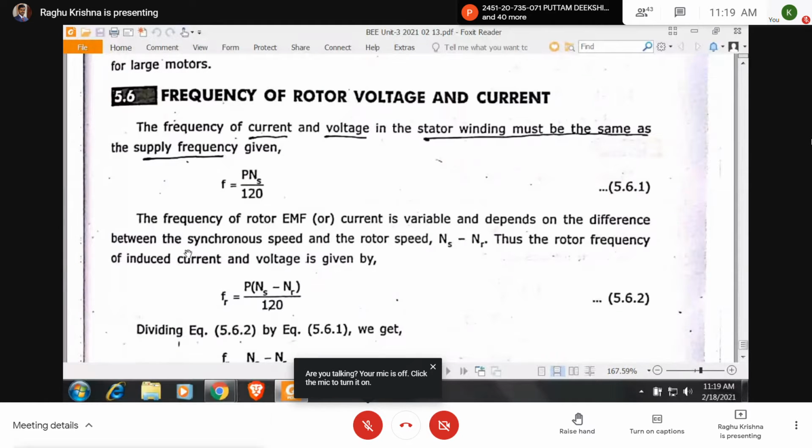Now coming to the frequency of rotor EMF or current. EMF and current will have the same frequency.